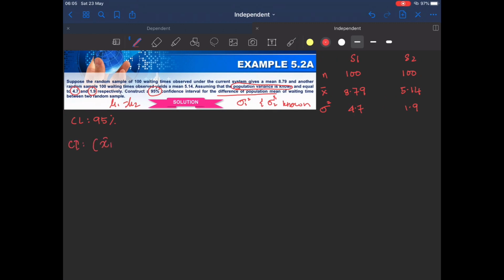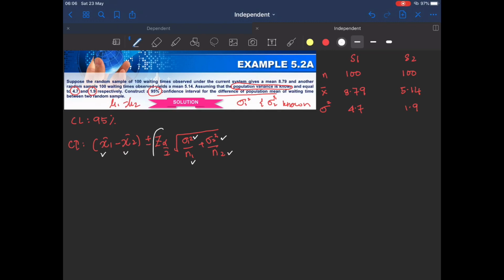The formula is x bar 1 minus x bar 2 plus minus z alpha over 2 times the square root of sigma 1 square over n1 plus sigma 2 square over n2. So now we have to substitute all the values. We have sigma, we have n, we have x bar.